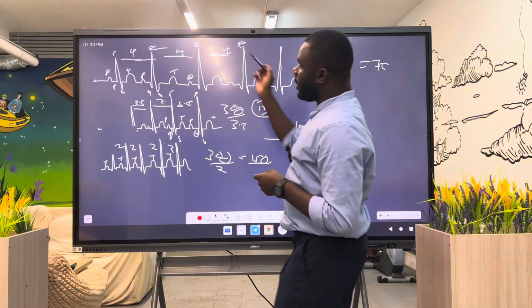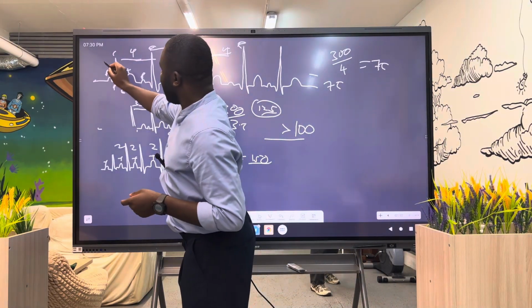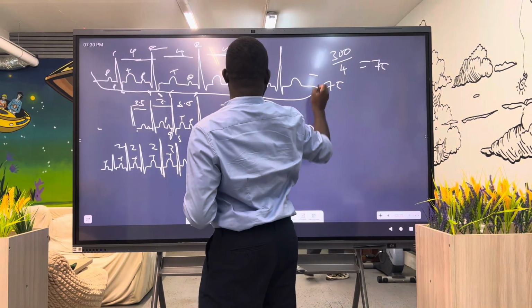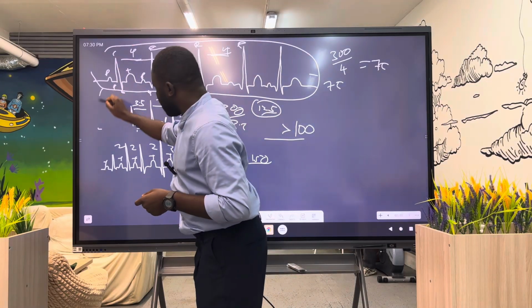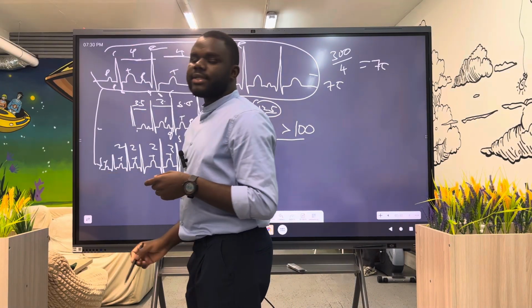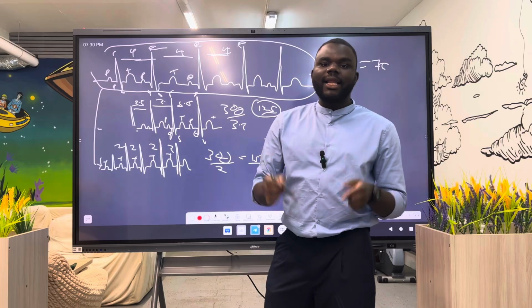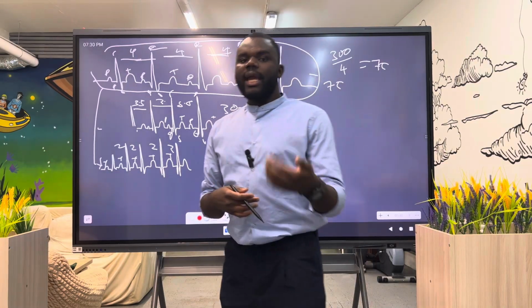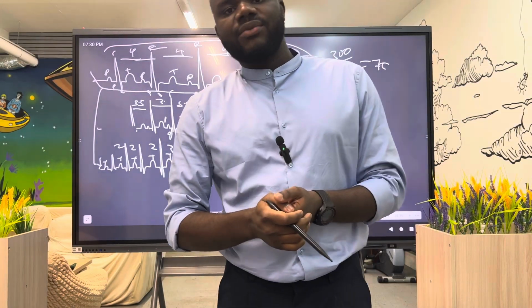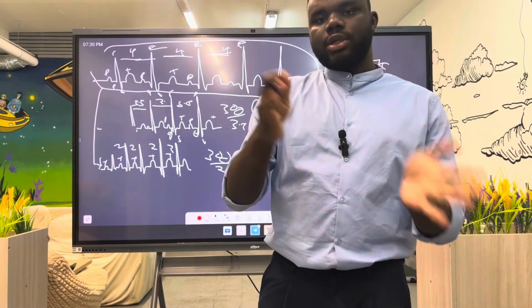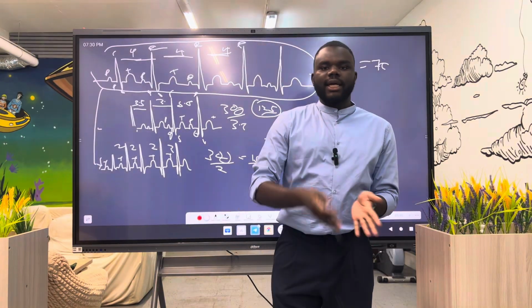SVT. And from our last class, we know that if you have a normal ECG with normal heart rate plus this one, SVT, it is known as what? Paroxysmal SVT.